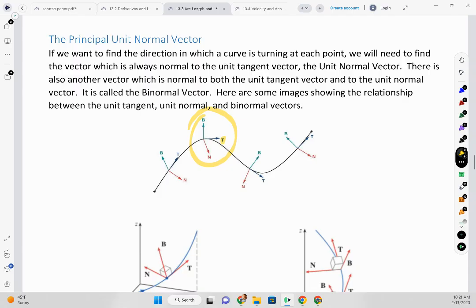Notice this is a concave down curve, and the unit normal points into that concavity. And then the binormal is actually a cross product of the unit tangent and the unit normal, so it points perpendicular to both of them, and that is their relationship. The three of them are perpendicular to each other.